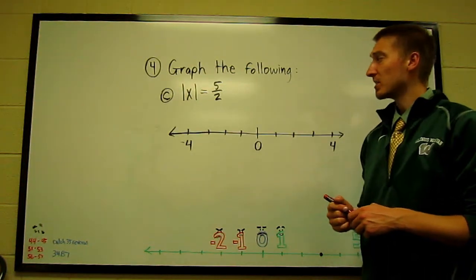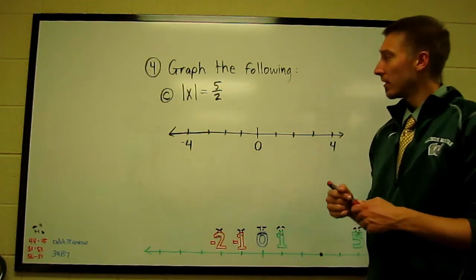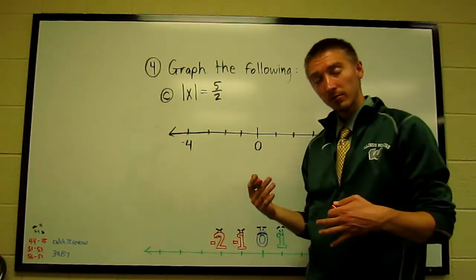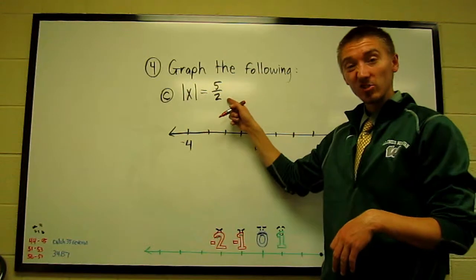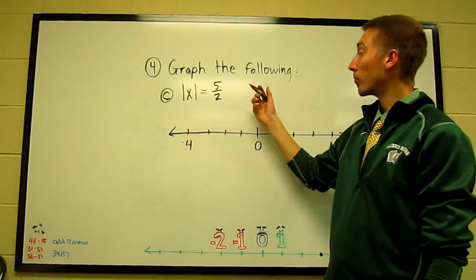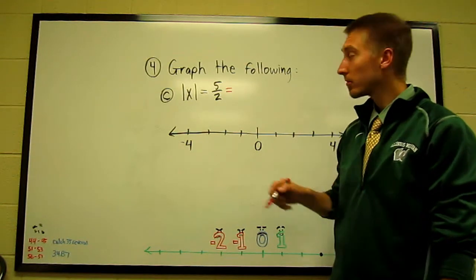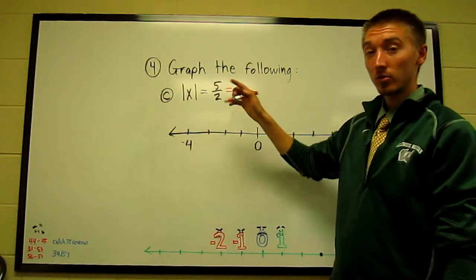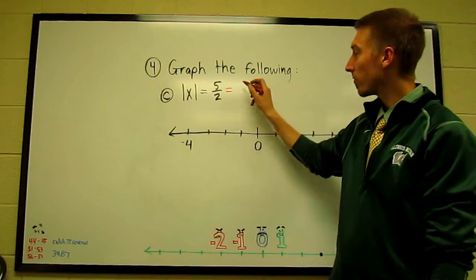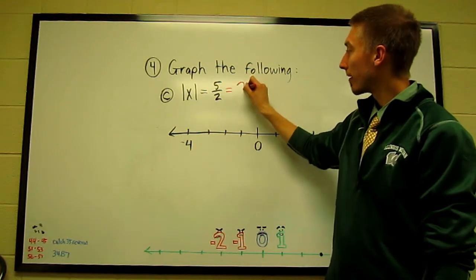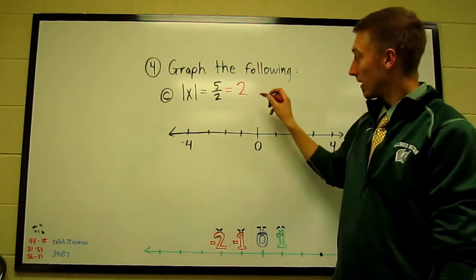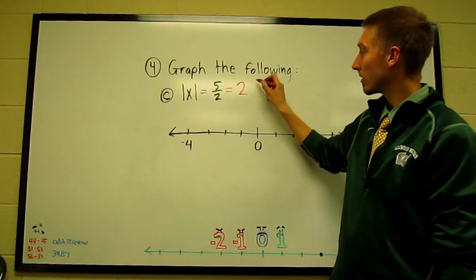And I will put C up here. The absolute value of x equals 5 halves. Now, if you're not very comfortable with fractions, then let's try to change this number so that we can get into a form that we are comfortable with. So if we want to make it into a mixed number, 2 goes into 5 2 times, because 2 times 2 is 4. So we'll have 2, and then how many halves are left over?